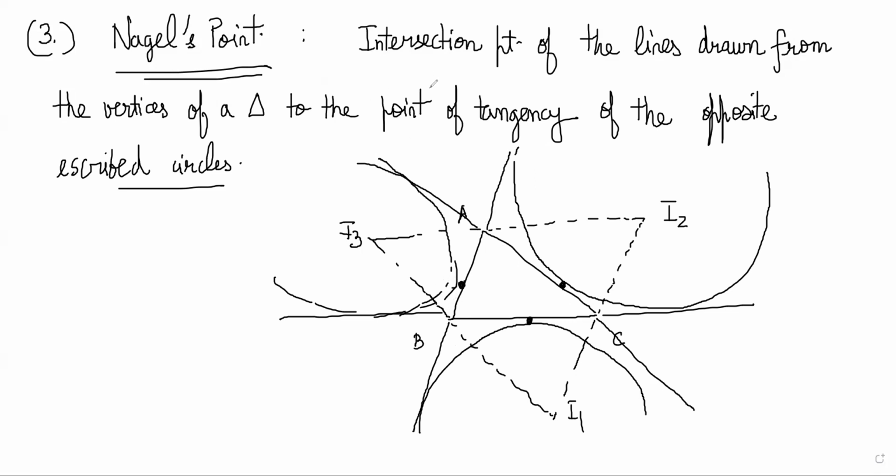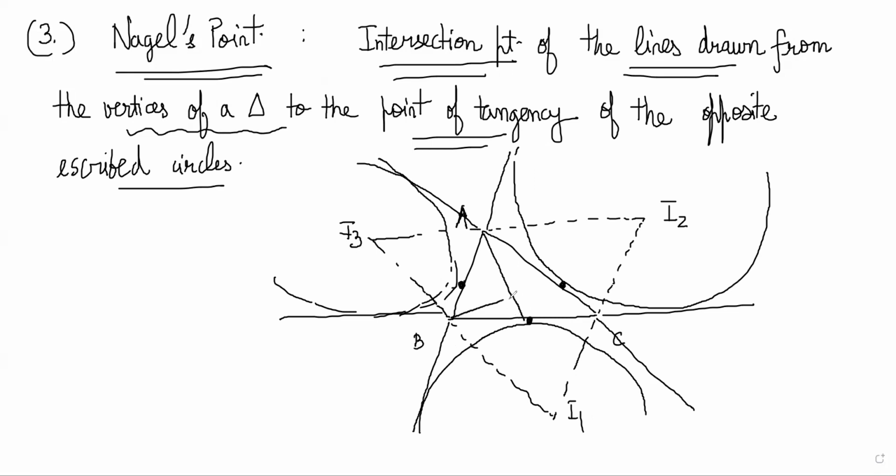Now, the intersection point of the lines drawn from the vertices of a triangle to the point of tangency of the opposite ascribed circles. So from A, I will draw a line to the point of tangency of the opposite ascribed circle, which is the I1 circle, right? So this is my cevian here. From B, this is my cevian, and from C, this is my cevian.